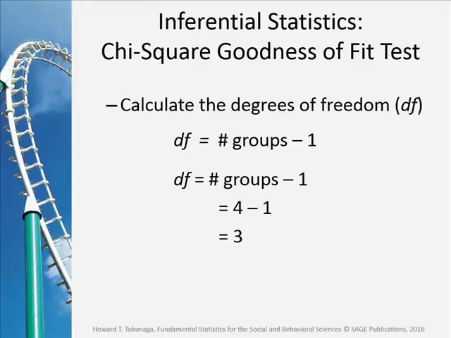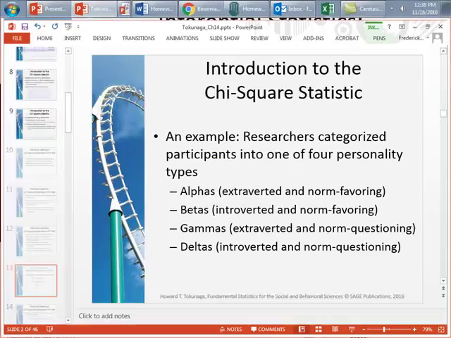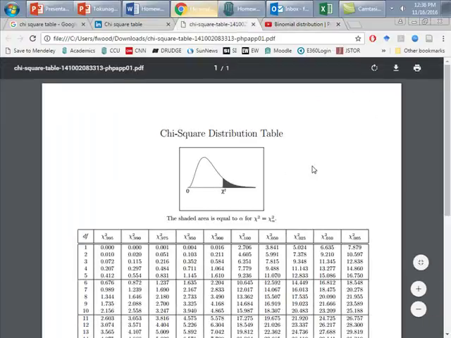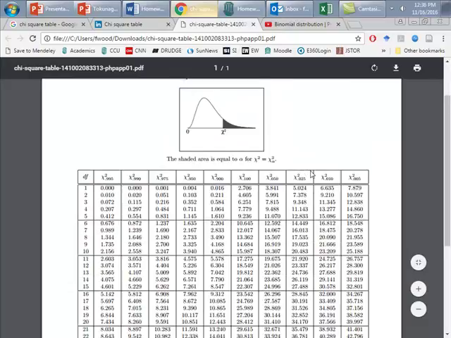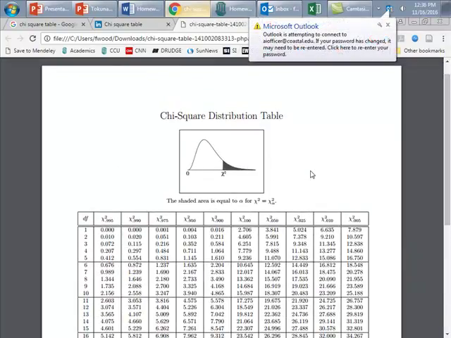So let's take a look at the table that I gave you, the chi-square distribution table. Okay. I picked this one out. Why? Picture at the top. Right? So we have our distribution.